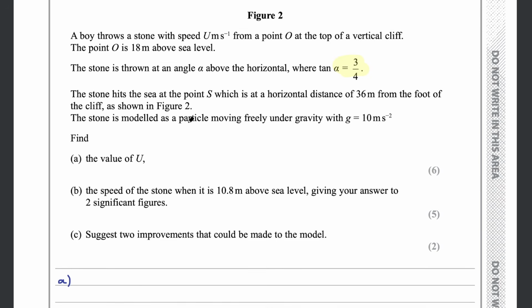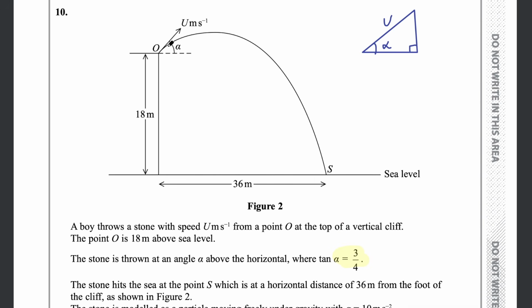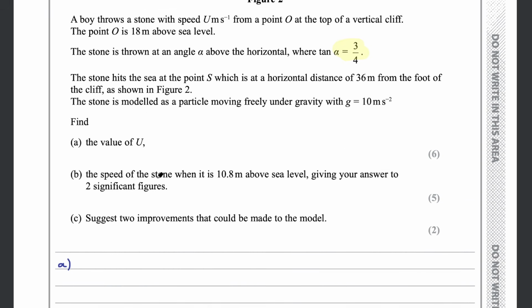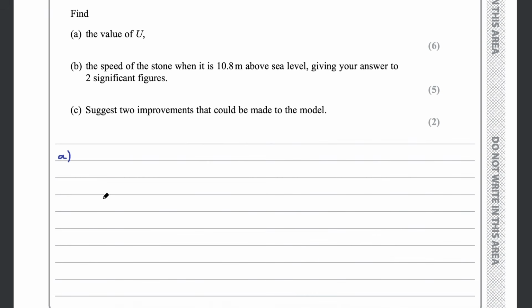So the way we're going to solve this is to break this down into the horizontal distance and the vertical distance traveled and use formulas for that and kind of solve it like a simultaneous equation. So the final vertical position in relation to the sea level is going to be the initial vertical height plus the initial vertical velocity times t plus whatever acceleration is acting on the stone. So that's going to be acceleration due to gravity.